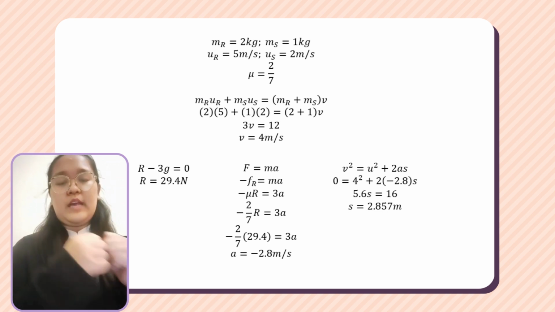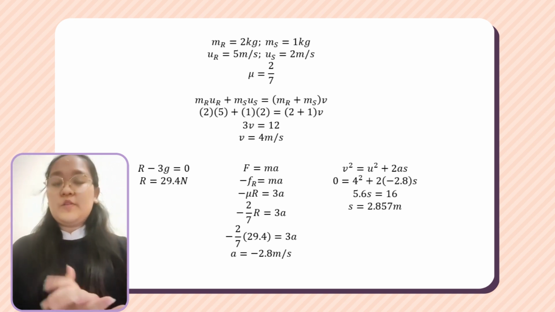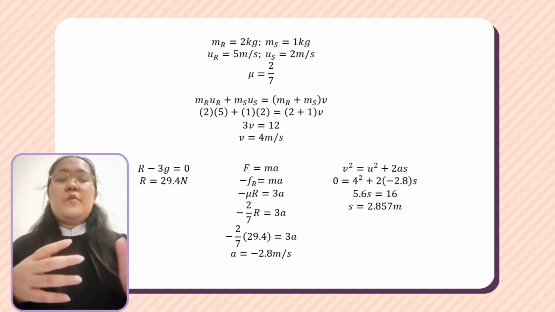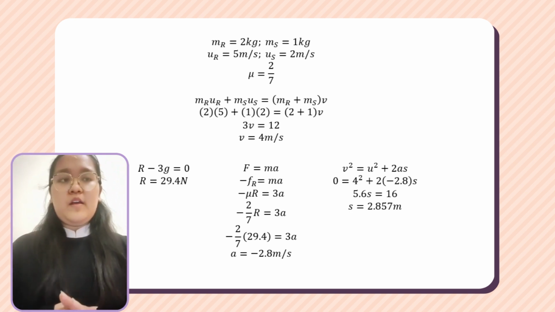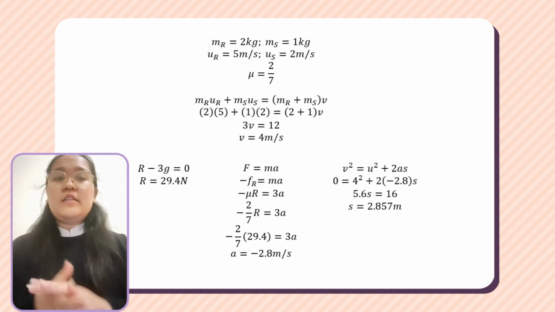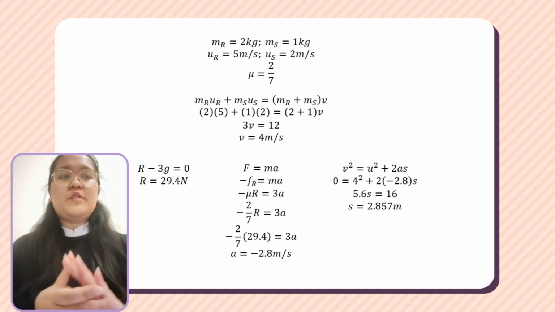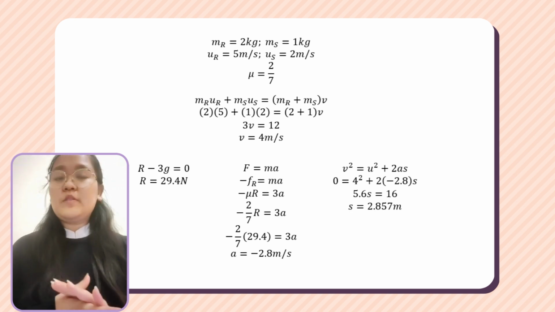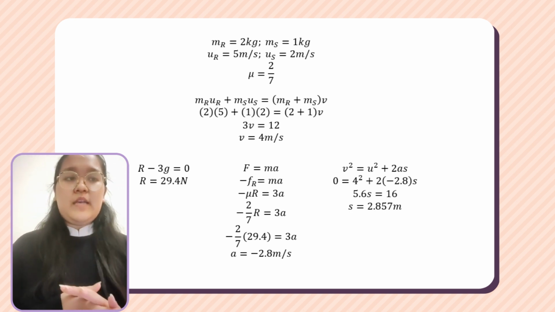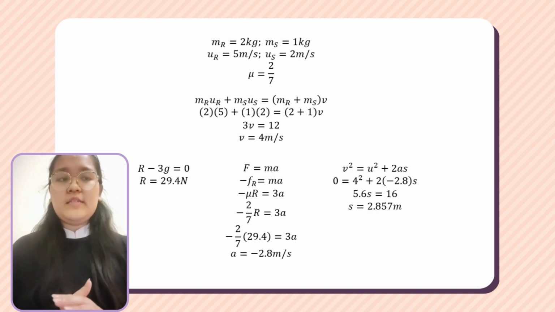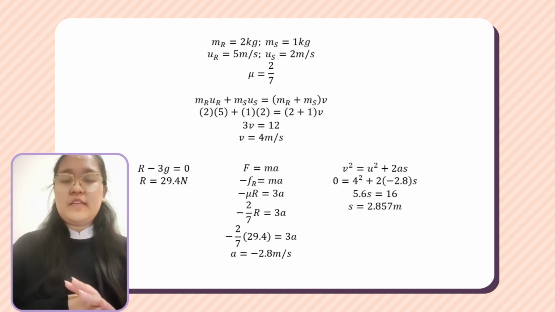It slows down after they collide. That's why it's negative. Then we substitute our a into the formula of v squared equals to u squared plus 2as. Our v is 0 because they stop at rest, equals to 4 squared plus 2 times negative 2.8 times s. Then we get our s is equals to 2.857 meter.